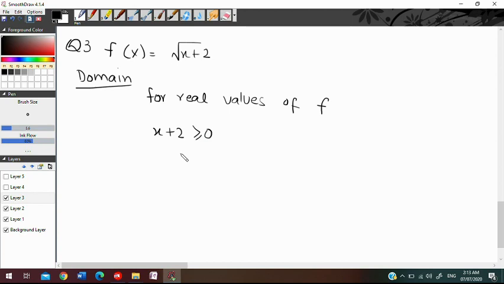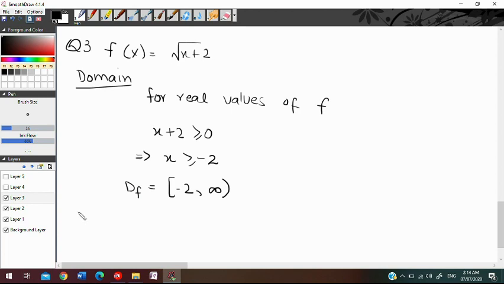We are checking this function for the positive real numbers. And what we get is the point from which our domain starts. So x is greater than or equal to -2. So -2 is the first point from which our domain starts.